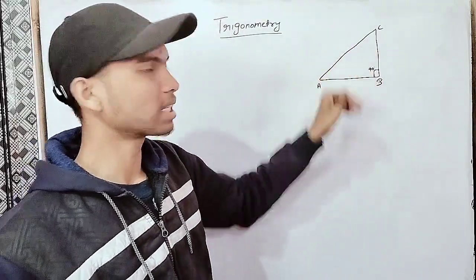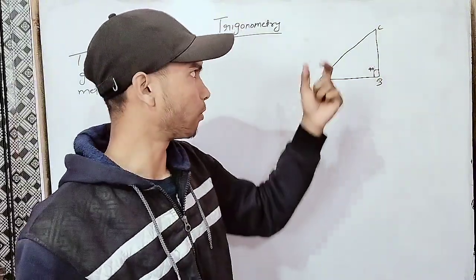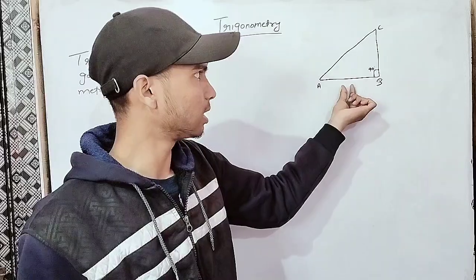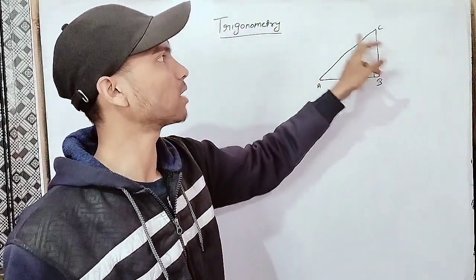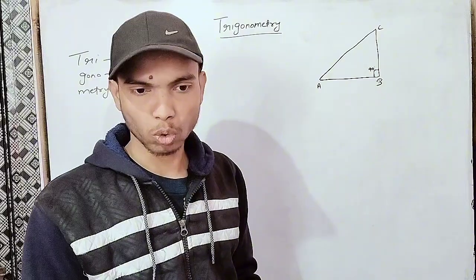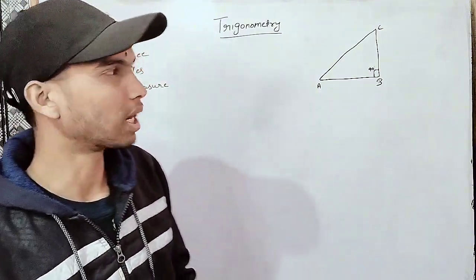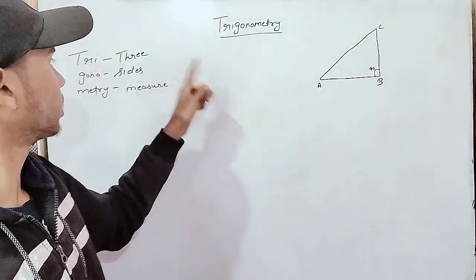To find out these sides, we should have a value of this side. To find out the length of AB, we should have the value of this and this side. So in questions, it will look like that. So this is trigonometry.